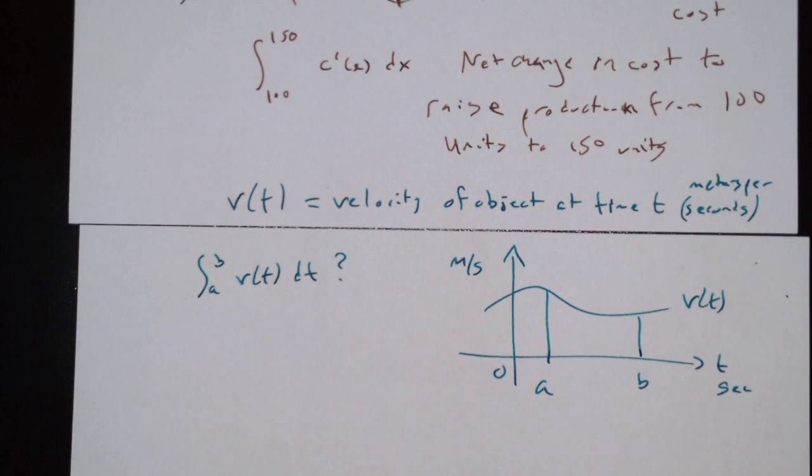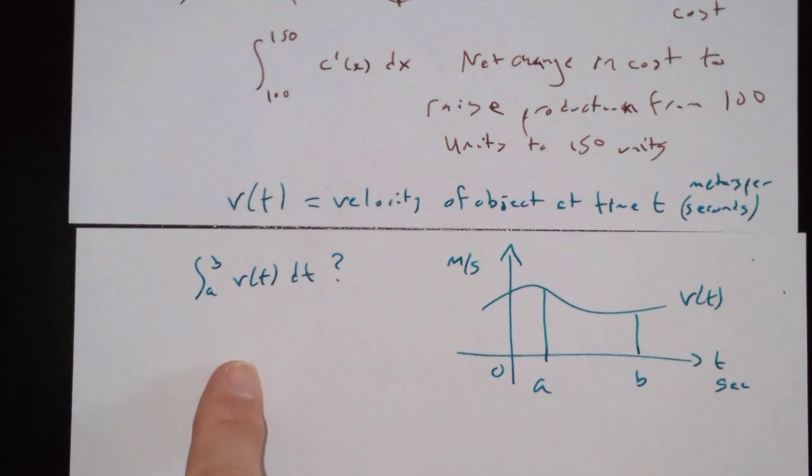If I think of the area under that curve, what units does that area come up with? Meters. Because each little rectangle is meters per second for a height and seconds for a width. That's going to be meters per second times seconds is meters. Which means this represents what? Distance.